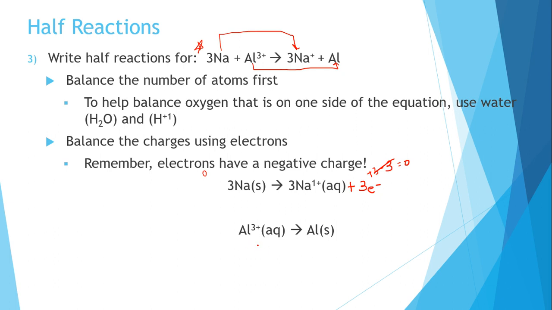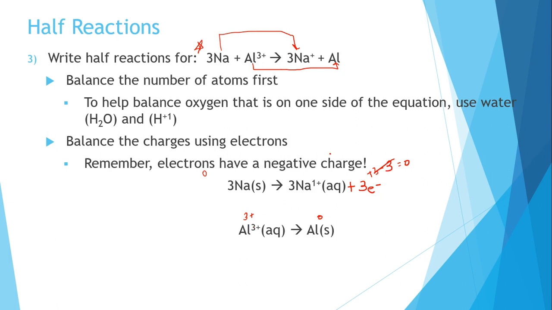If we're going to work on my second half reaction, we're going to make sure we've already got the atoms balanced, but we have to make sure the charges balance as well. On the right-hand side, our charge is 0. We're fine. But over here on aluminum, I have a plus 3 charge. We're going to add electrons in order to make sure they match.